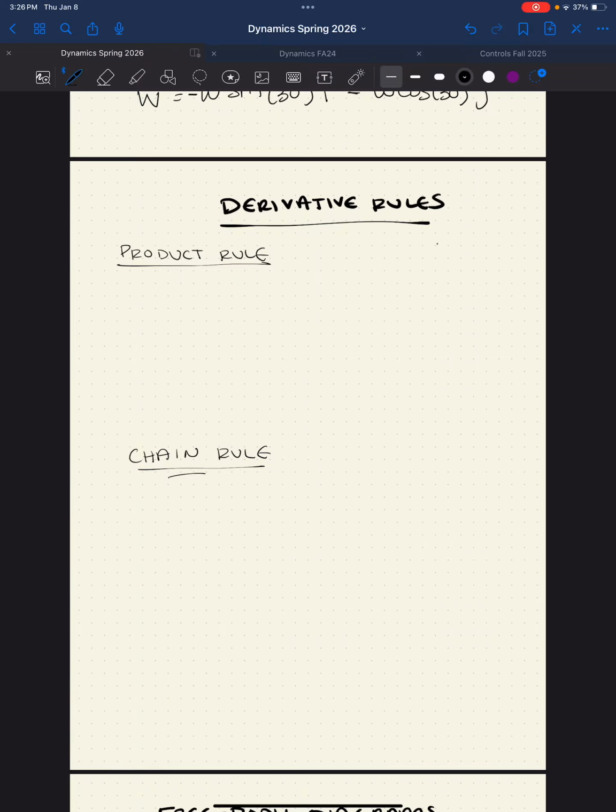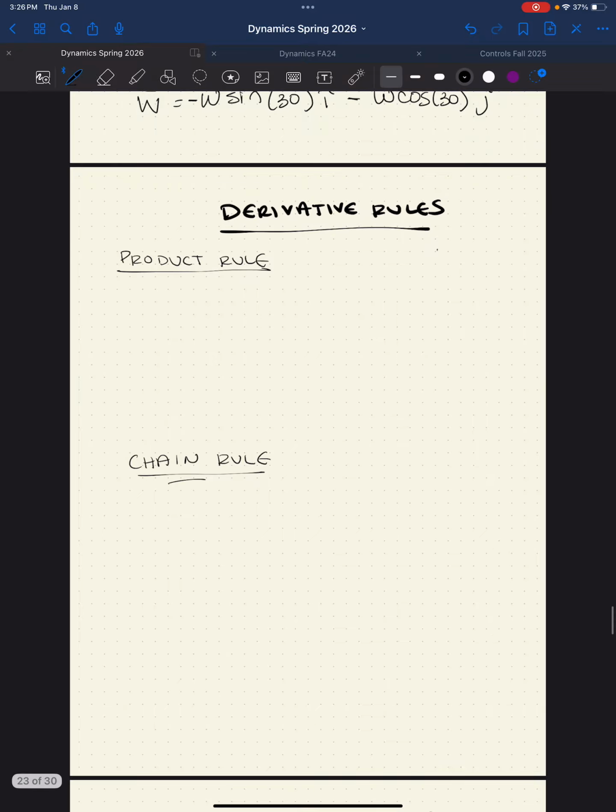We then spoke about derivative rules that you probably learned in early calculus classes, but then it might have been a couple years since you really needed to use them, and so it might be a little bit rusty.